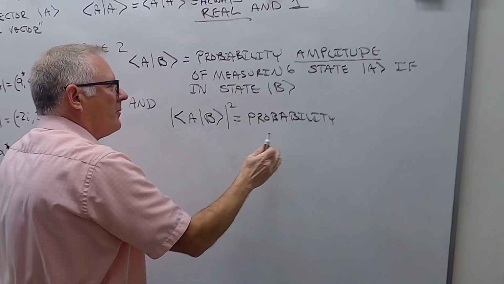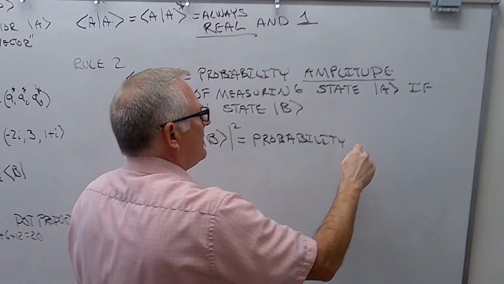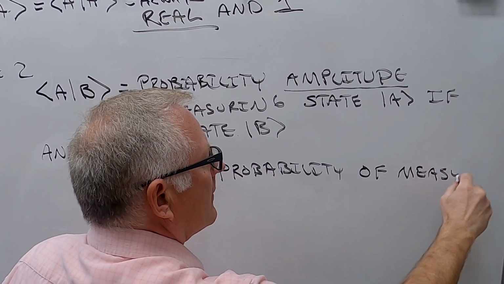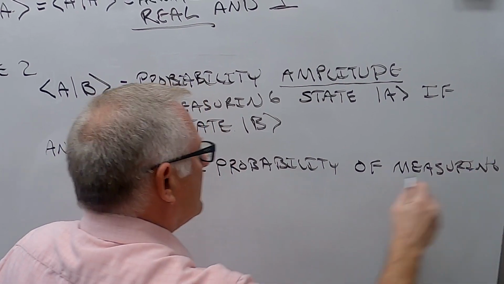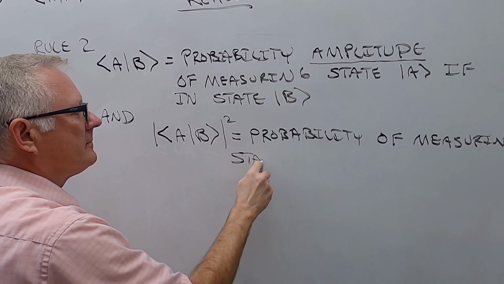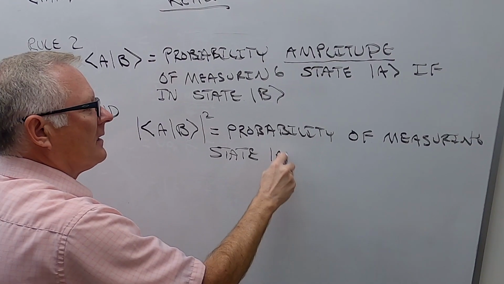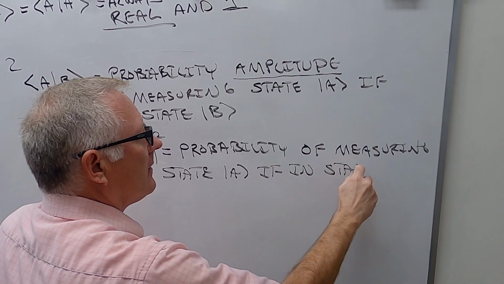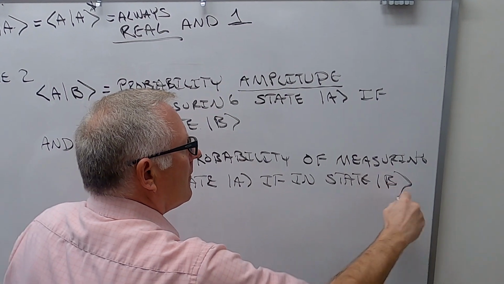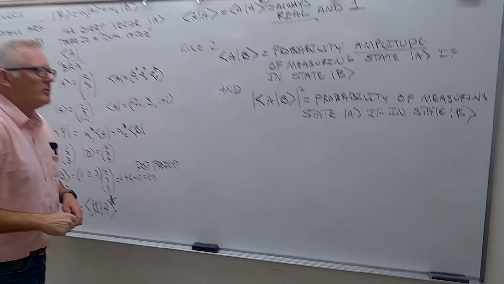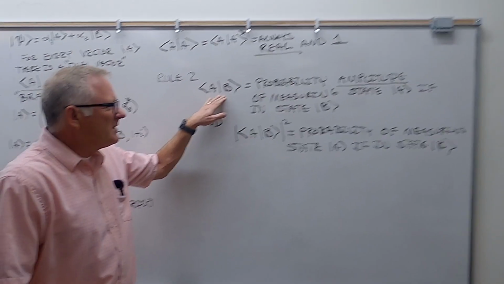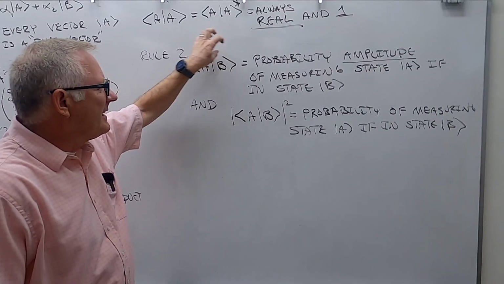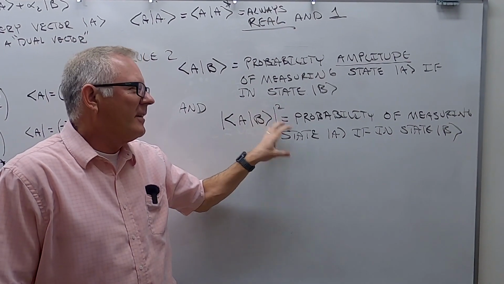This is just the straight probability of measuring state A if in state B. So this will help us get the probability amplitude, but then when we multiply this whole thing by its complex conjugate, that'll give me a probability.